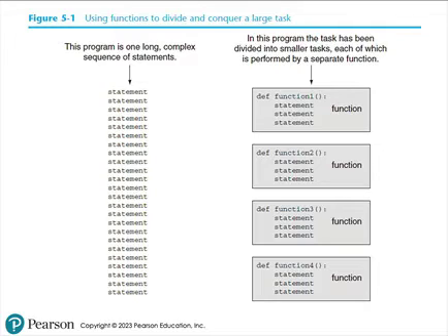Those are statements that execute top to bottom in the order that they are specified. Now, what they're showing you on the right is that you can divide these statements or different tasks into functions and then call those functions, and that will make your program, at least the main program, look a little shorter.